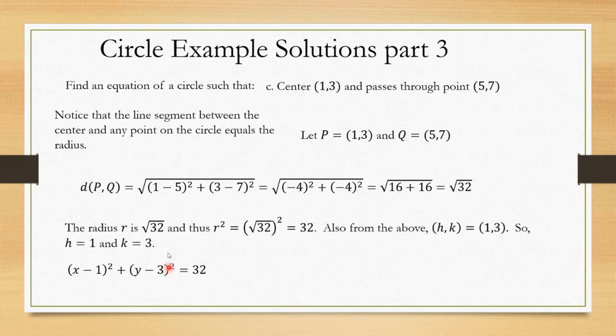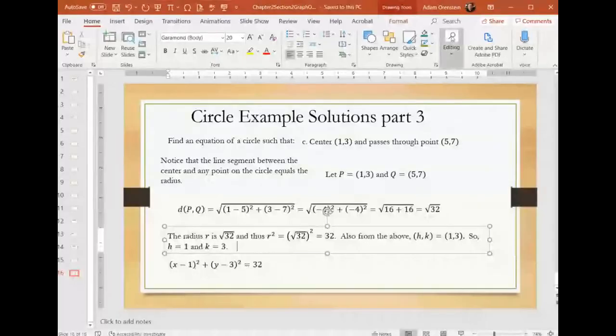We calculate the radius to be the square root of 32. And again, when you square the square root, that square root symbol is gone. We're left with this. So that's our circle. Okay, that's it for that. All right, that's good. Are there any questions about that?